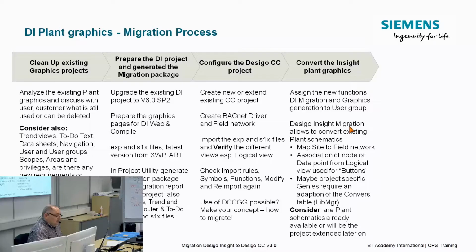Then in the Desigo Insight migration, basically you can convert those graphics. This workflow is very similar, and also the snap-in in Desigo CC looks very similar to the one you have seen Wednesday when Greg was showing you how to use the graphics generator in Desigo CC.